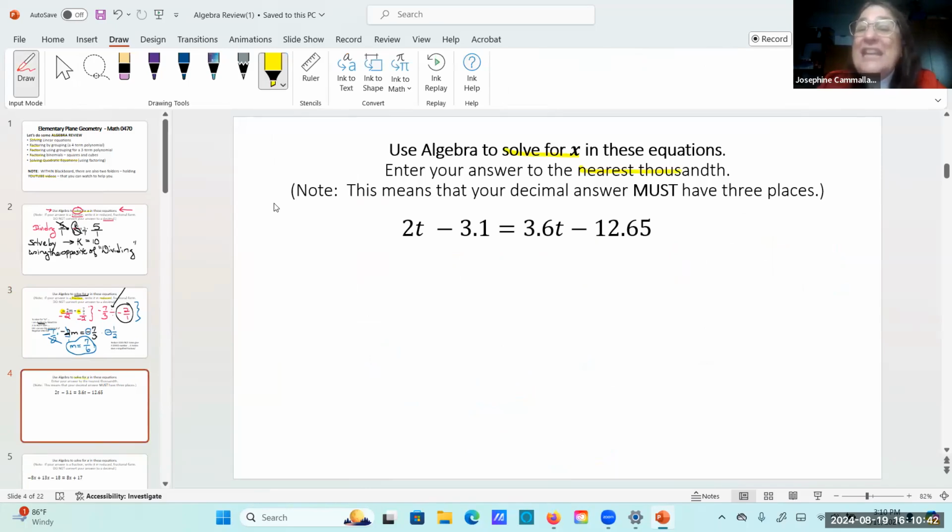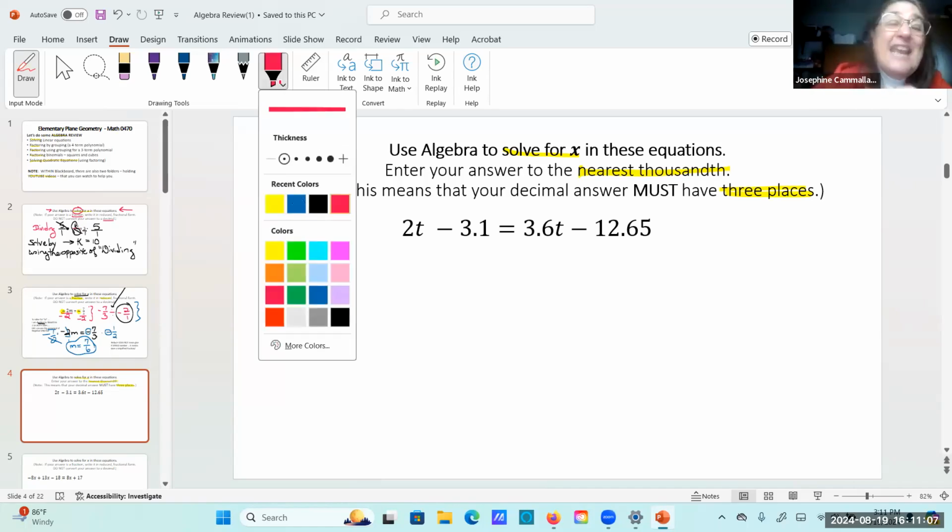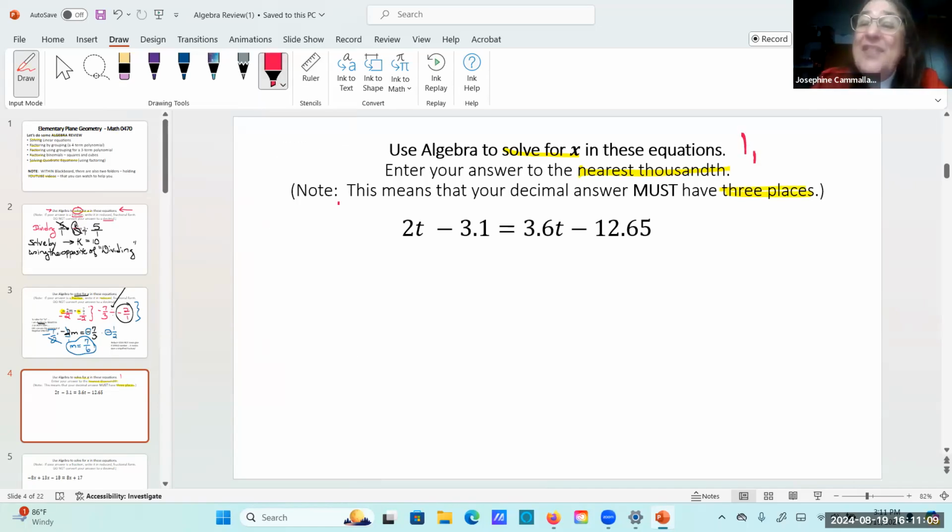Now, nearest 1,000 means 3 decimal places. And for those of you who don't know, 3 decimal places for the word thousandths is the fact that the number 1,000, in case you didn't recognize, has 3 zeros.